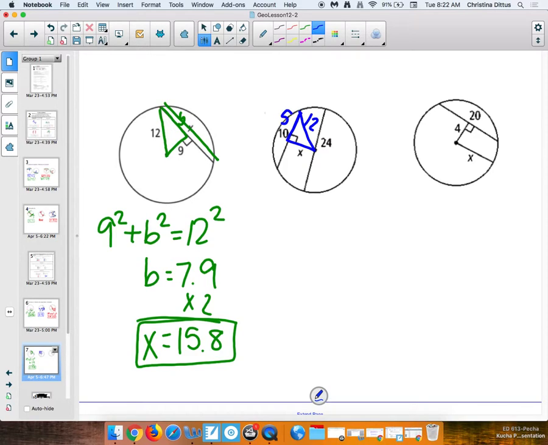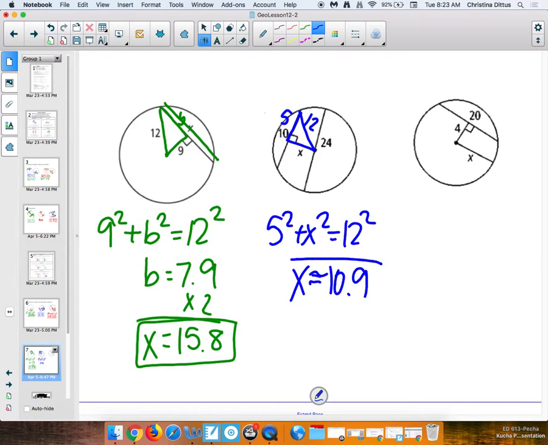So what's my Pythagorean theorem look like? 5 squared plus x squared equals 12 squared. So what's x? There we go. 10.9. Okay, questions there?